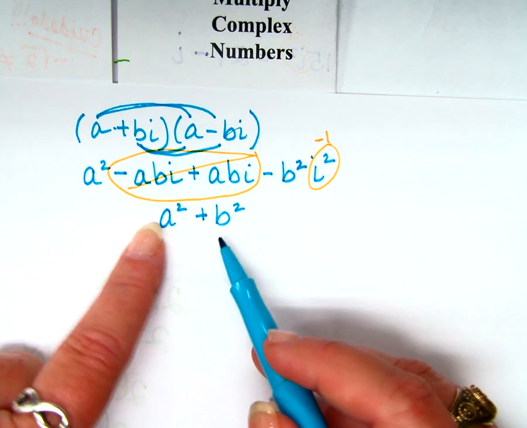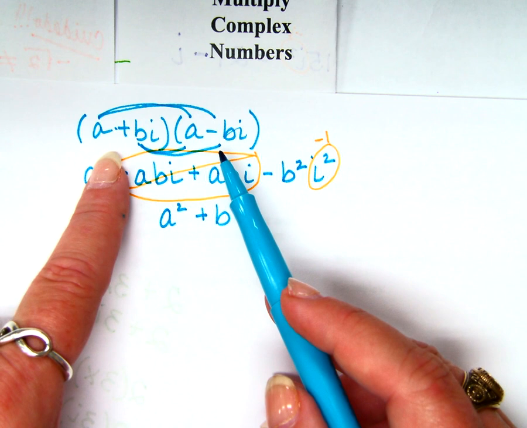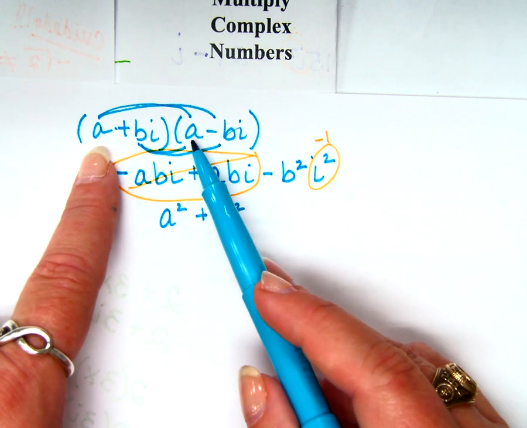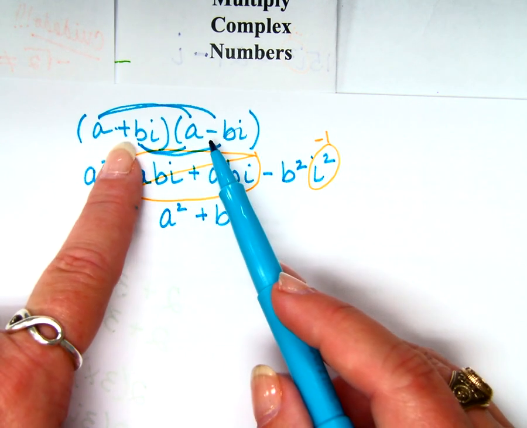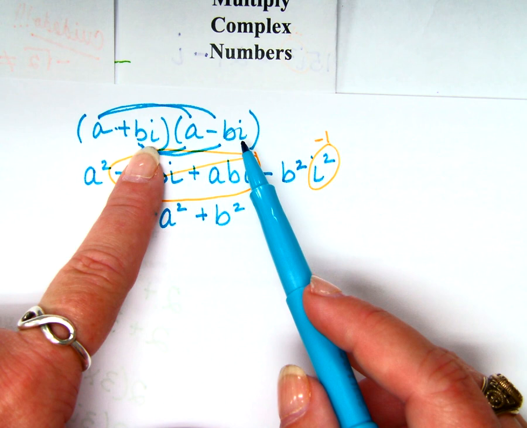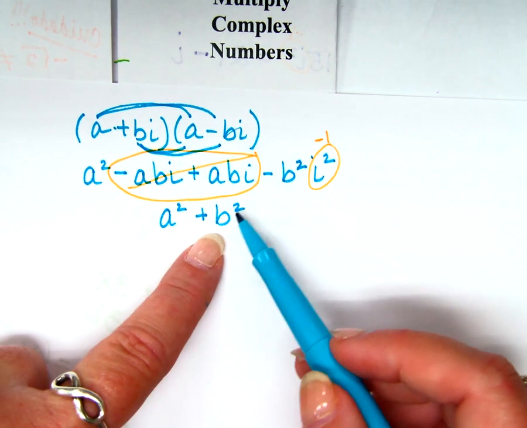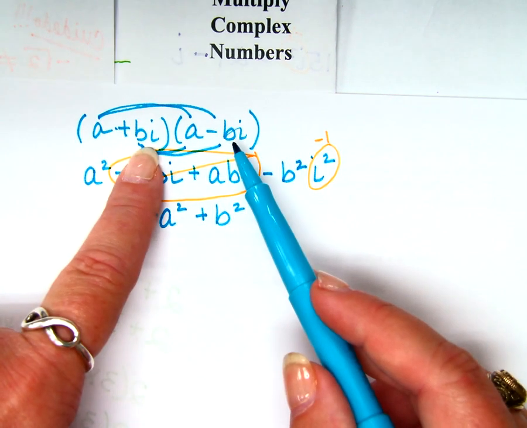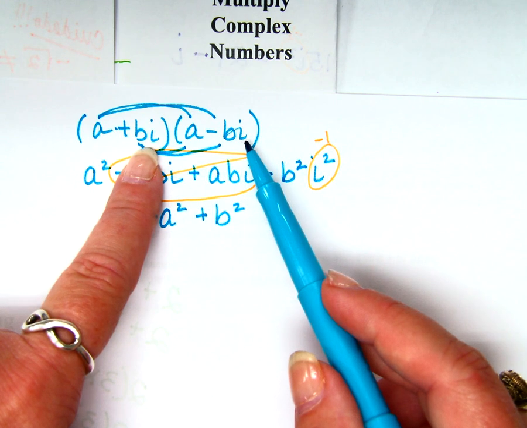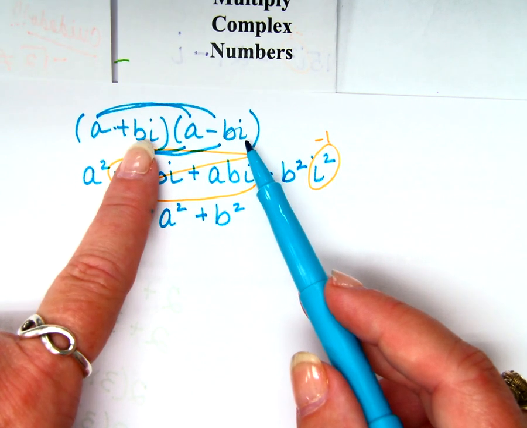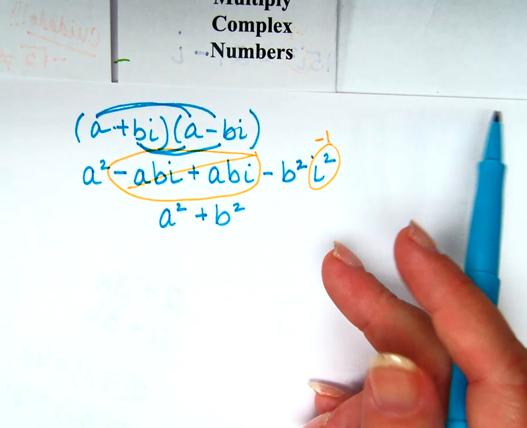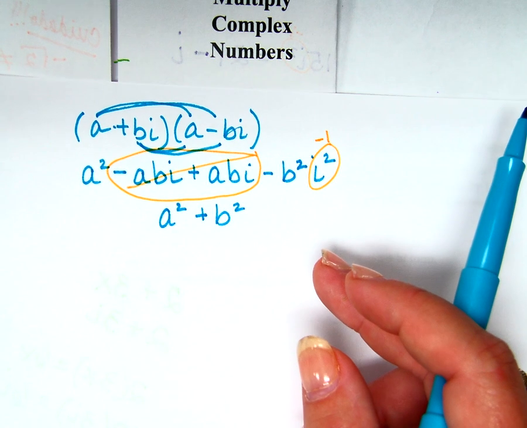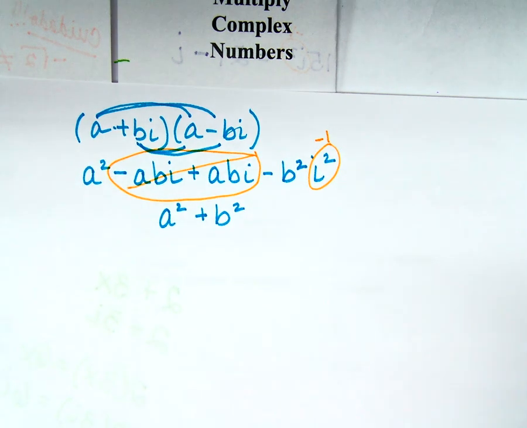We can factor it now. A at the beginning, opposite signs in the middle, bi. So if this was a 9, this would be 3i and negative 3i. Dun, dun, dun. We'll talk about that later. Don't worry about it. I just wanted to point it out since we were here. Okay? Back to the show.